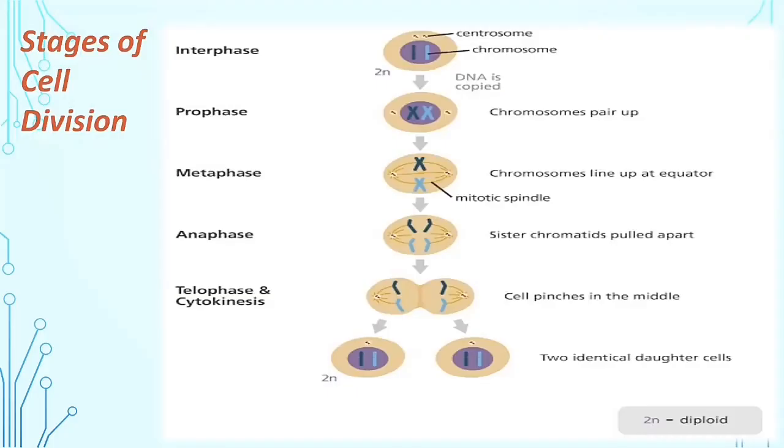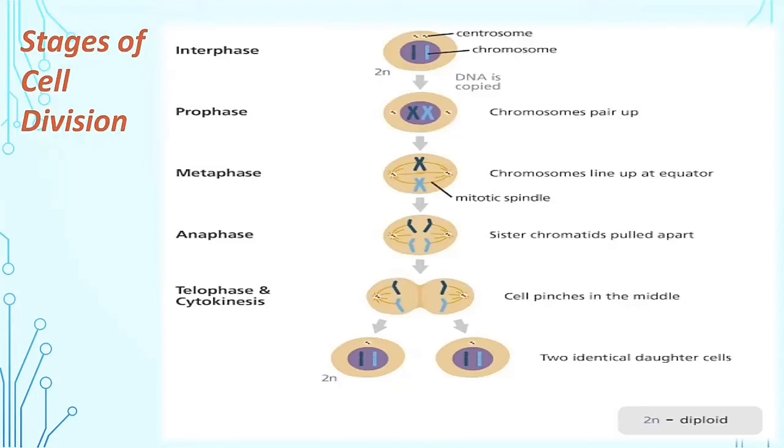Now if we look at the stages of cell division, we can see that the chromosome undergoes various changes in its structure. In the interphase, there is a single chromatid in the parental chromosomes.